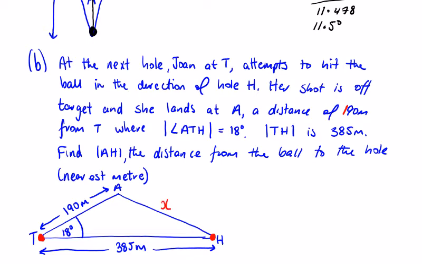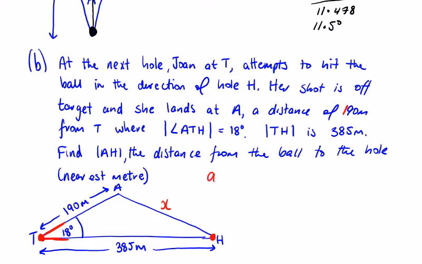So you should be able to see when we have the two sides and the angle in between, we have to use the cosine rule, and we've no other pieces of information. You could try set up the sine rule and you could see that it wouldn't work. We don't have a second angle for a side opposite it. So we have to use the cosine rule here.